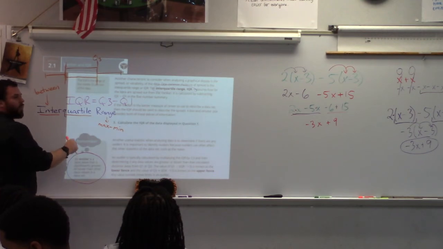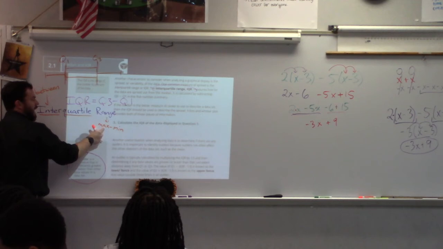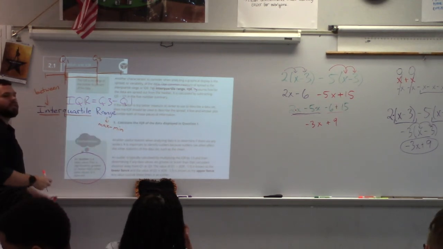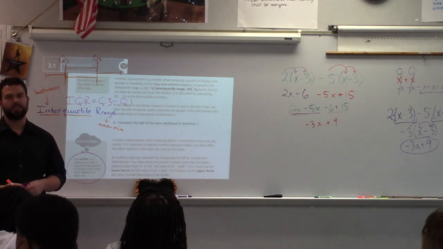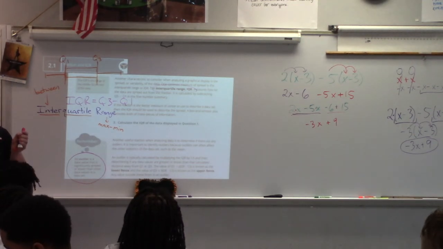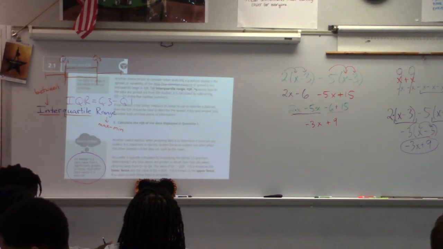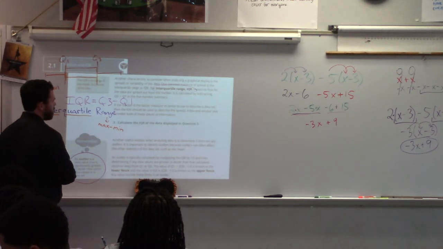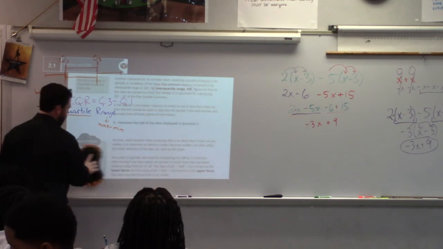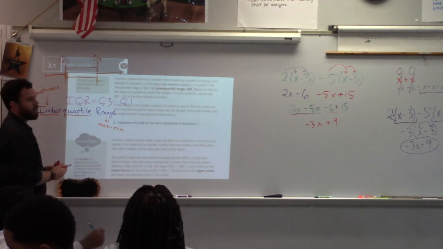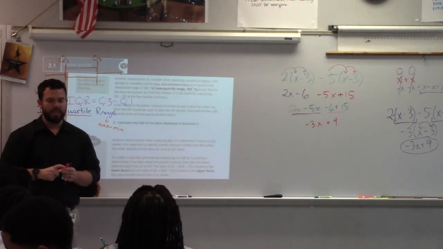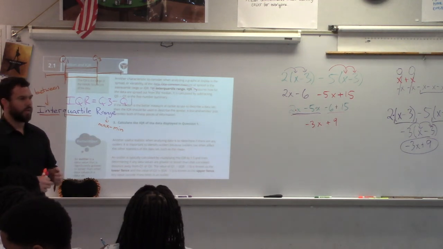And the minimum for the quartiles is Q1. So we take the maximum, Q3, and subtract the minimum, Q1, because it's interquartile range. It's not the full range, it's just the range between the quartiles.